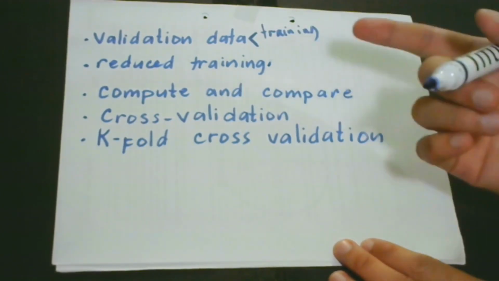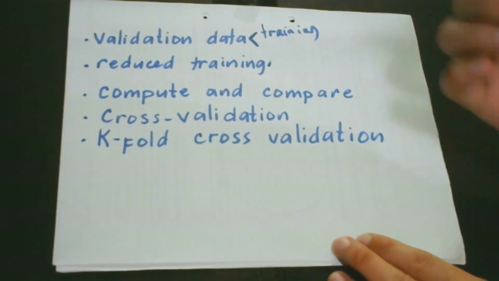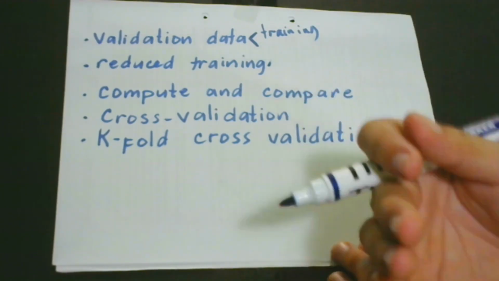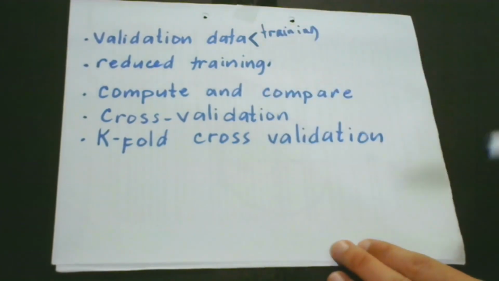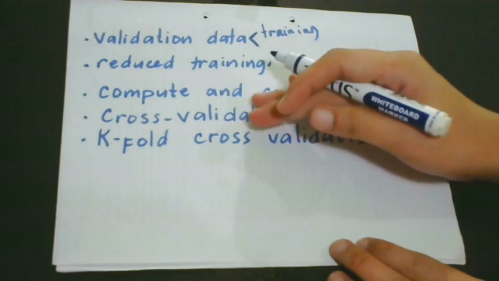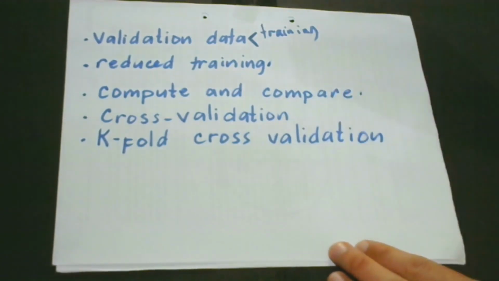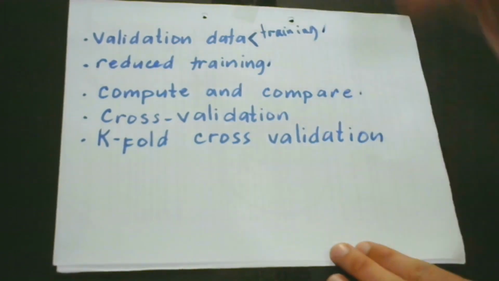Remember that we said in our previous lesson that we should make different kinds of models, because these models would help us identify which one could give us the best generalization of our data. After each one is trained, we can compute and compare the respective losses on the validation set.